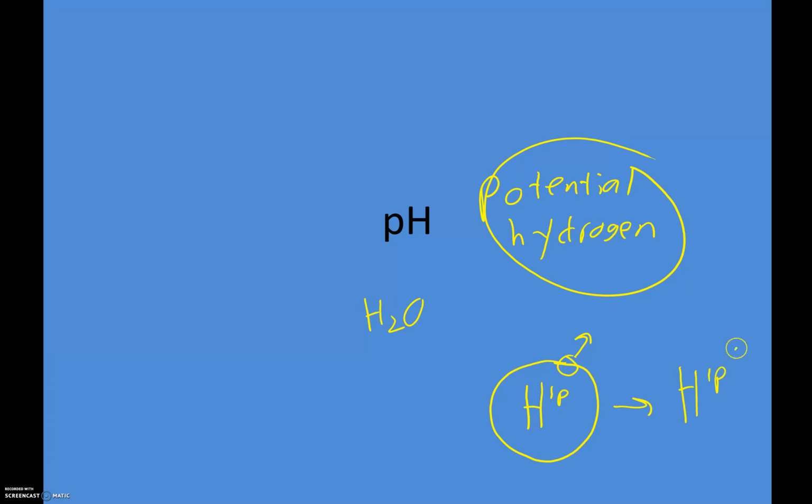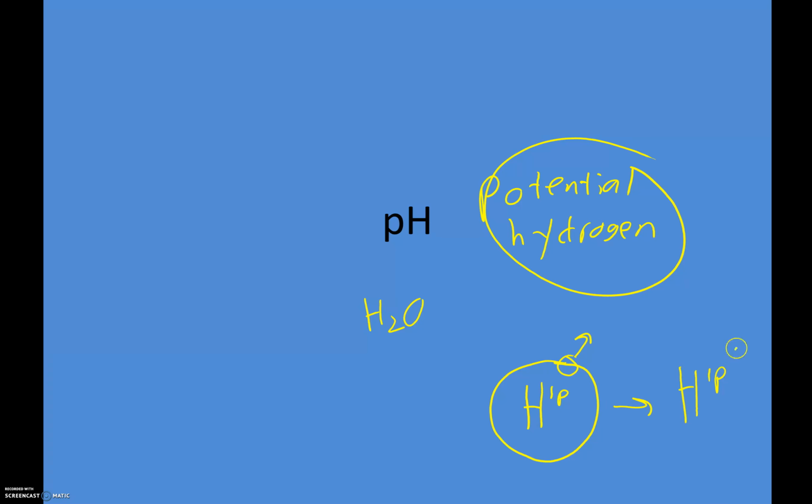Okay, here's some basics about the pH scale. The pH scale, we'll kind of draw it out here, goes from 0 all the way to 14. Right in the middle, 7. 7 is completely neutral. Bottled water has a pH of 7.